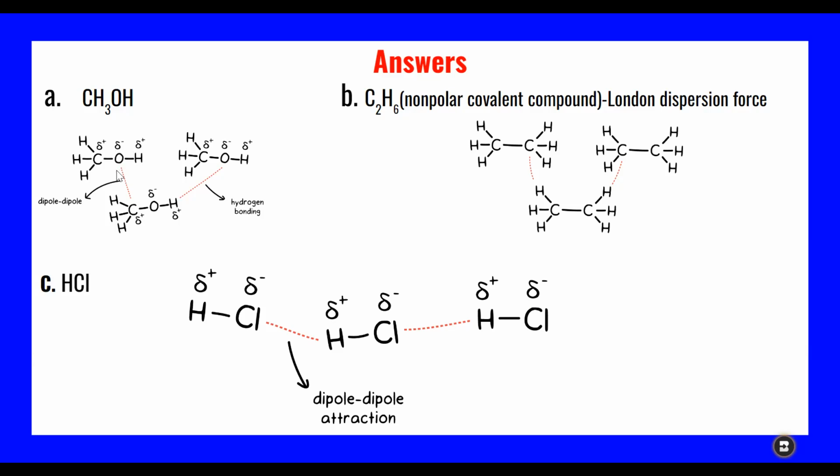We did this already. Okay, so this is dipole-dipole. So why is this called hydrogen bond? Because there's intermolecular force between partial negative and partial positive. Hydrogen bond can form with hydrogen and oxygen, hydrogen and fluorine, hydrogen and nitrogen.